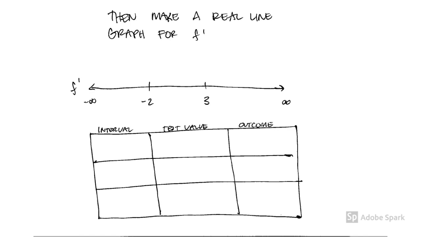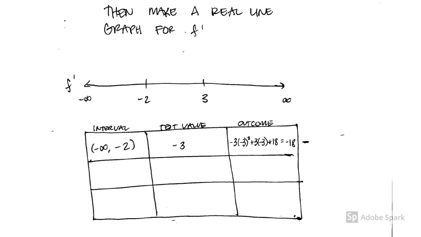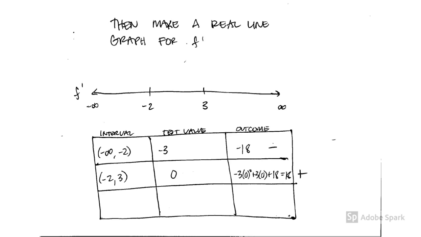Okay. And so I made a real line graph for f prime with negative infinity, negative 2, 3, and infinity, and then I'm going to test one value from each interval. In the first interval, from negative infinity to negative 2, I plugged in negative 3, because that fits in that interval, and plugged it into the derivative and got negative 18. So the derivative is negative on that entire interval.